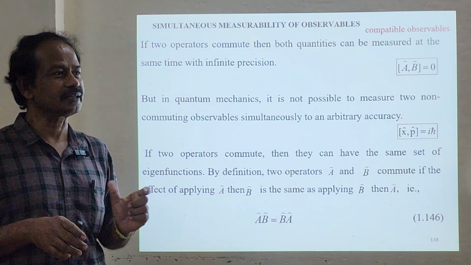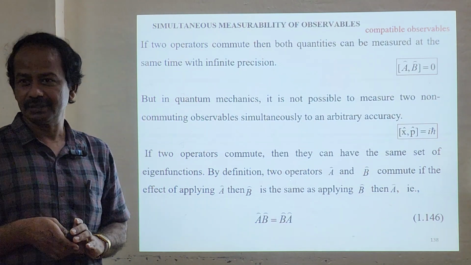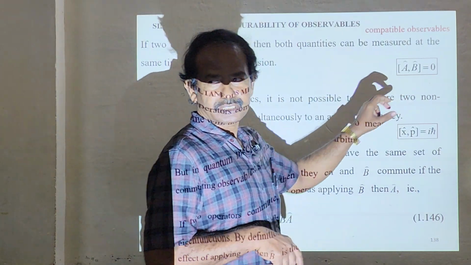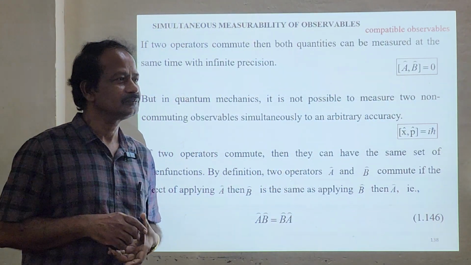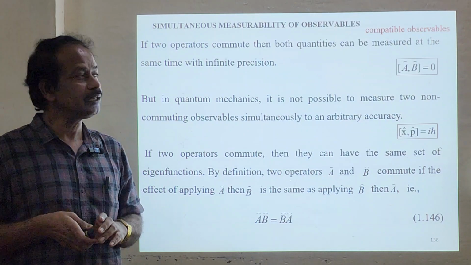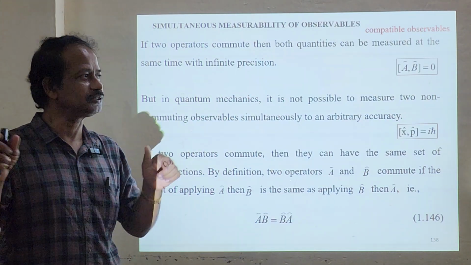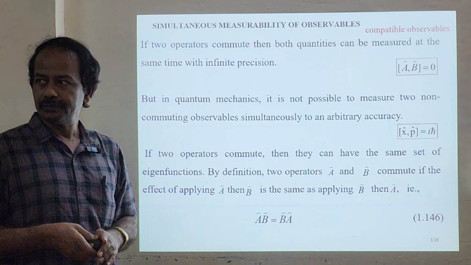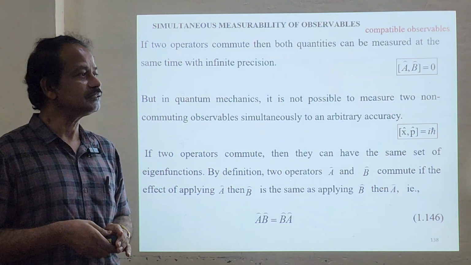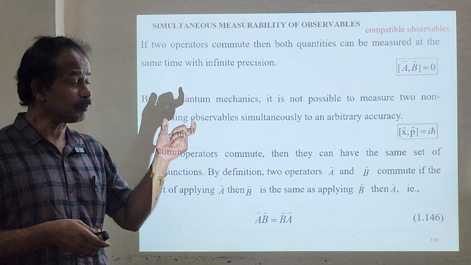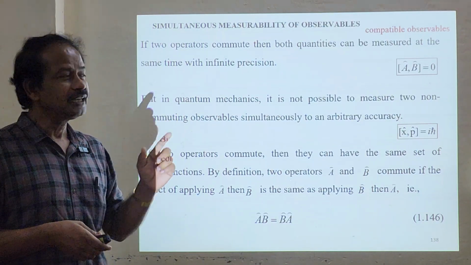Mathematically, it has to follow the commutator law. The commutator for any compatible observables is [A, B] = 0. This is called compatible observables.